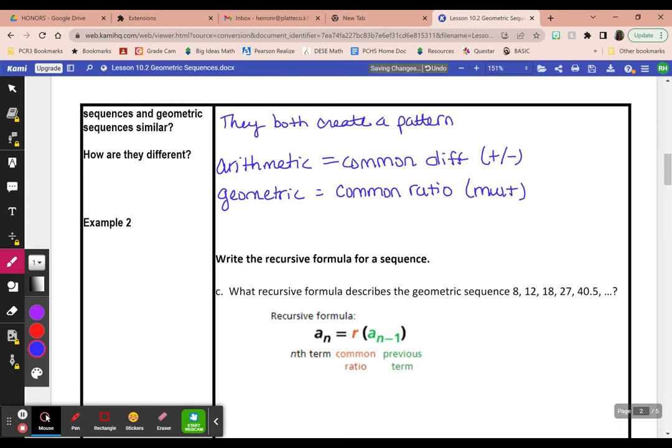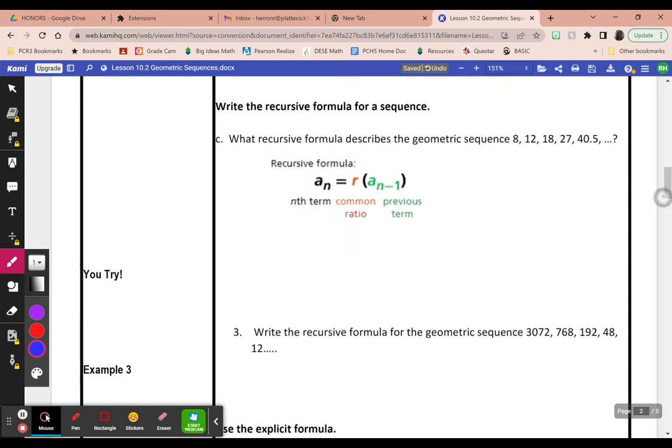Okay? All right, so now we're going to get into our formulas, recursive and explicit. And just like it was for arithmetic, recursive is going to be the one that only finds the next term. Okay, so as I told you in the other one, this one is, in my opinion, not very helpful. It's only the next term.